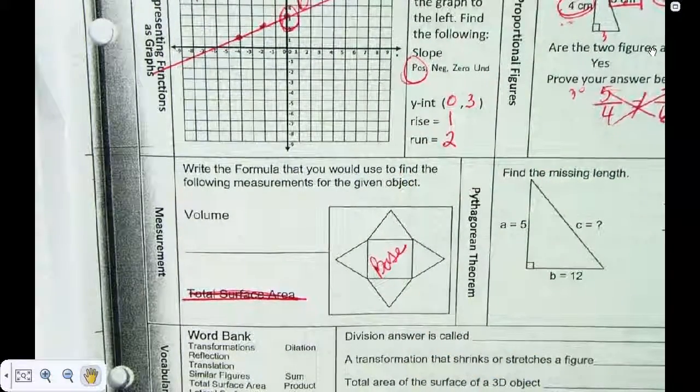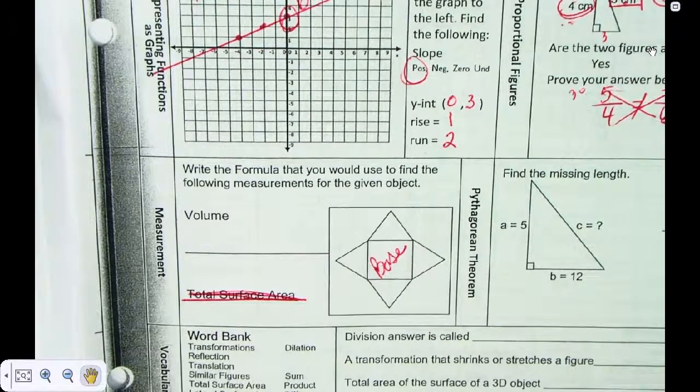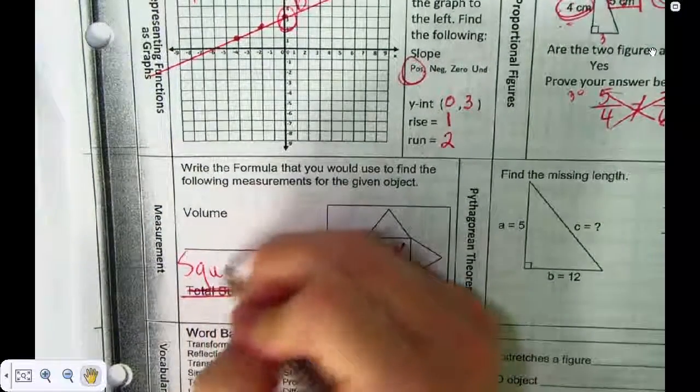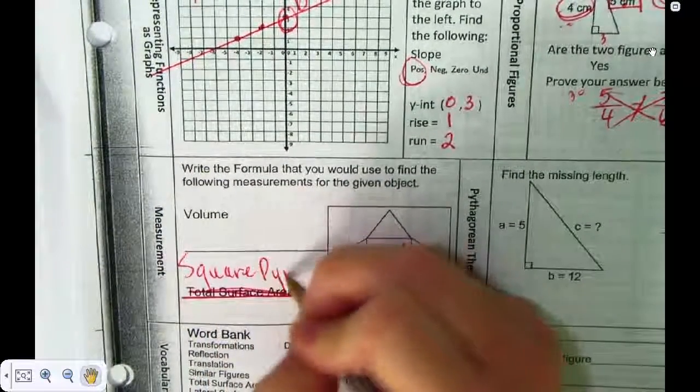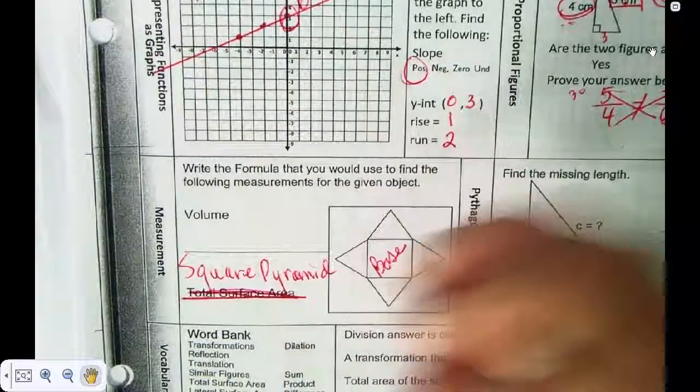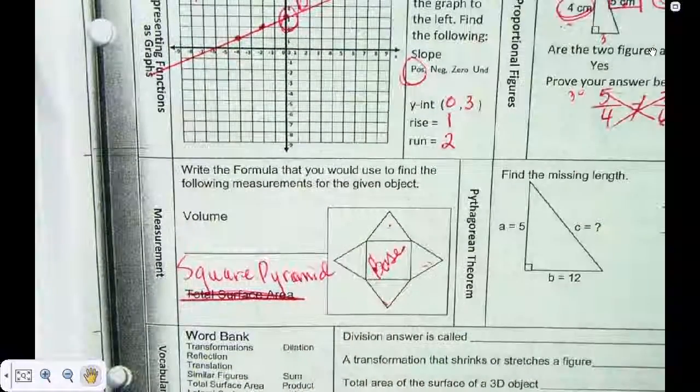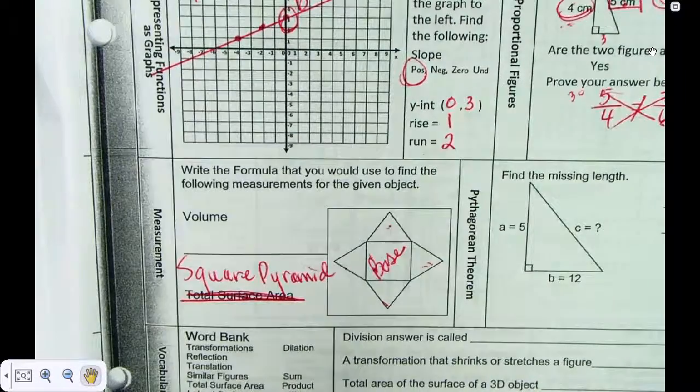It appears to be a square. I didn't measure it. I'm going to call it a square because it appears to be that way. But why do I know for sure it's a pyramid? It has one base, and it's surrounded by triangles. Because if you fold that up, all those triangles are going to come to one point.